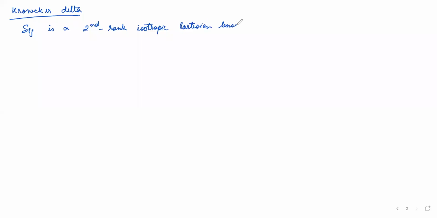You remember we kept both the indices as subscripts, because in Cartesian coordinate systems there is no distinction between covariant and contravariant. So we can keep both the indices as subscripts.